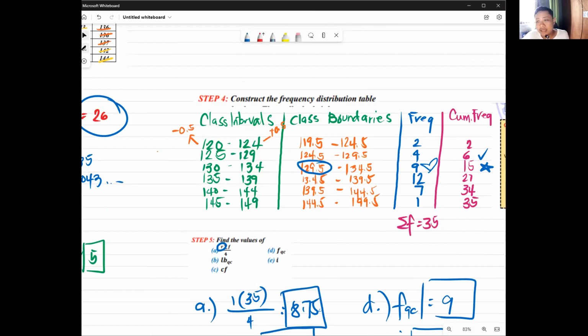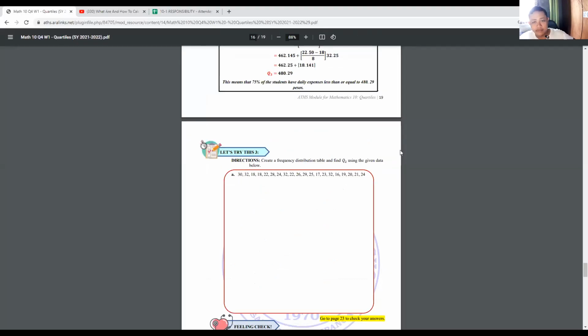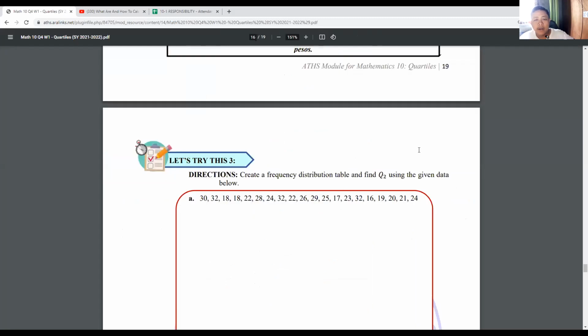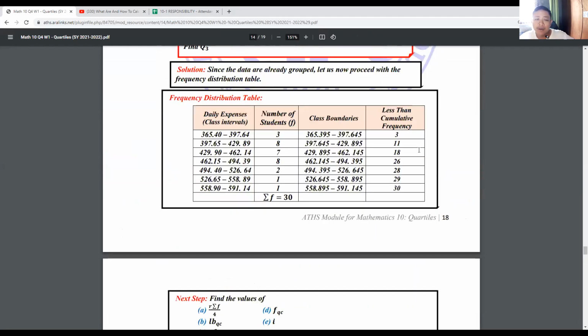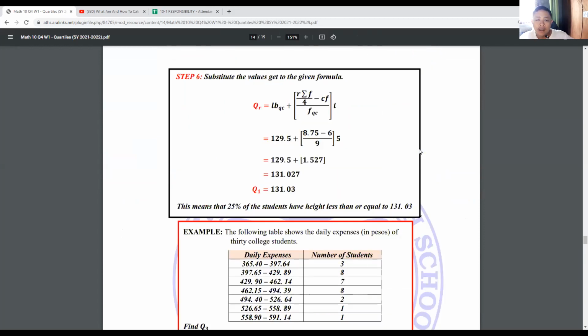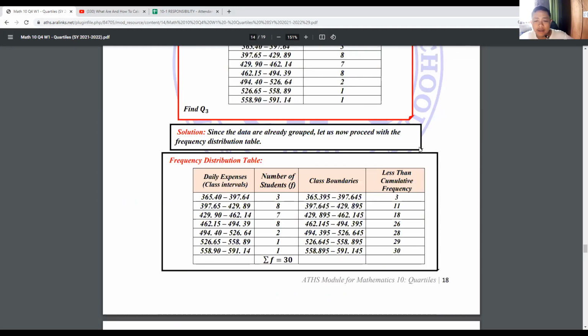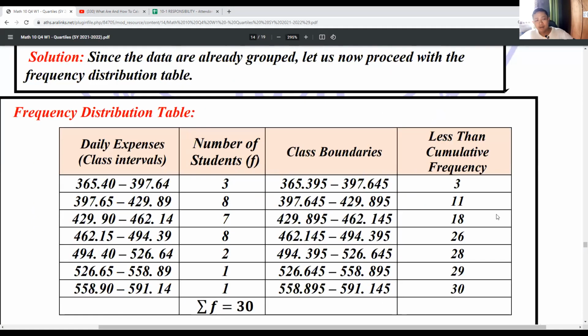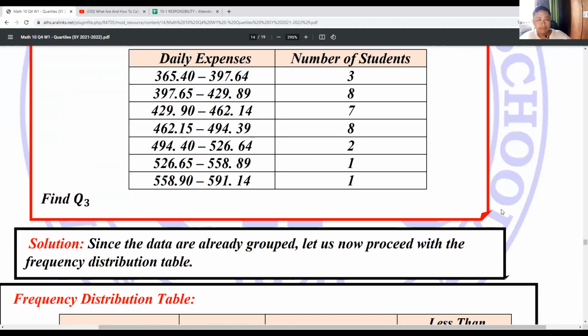Nakalagay na agad siya. Just like this example. There are instances wherein you will no longer be asked to do the manual tallying of data, pero automatically meron nang gawang frequency distribution table. For example, this one.